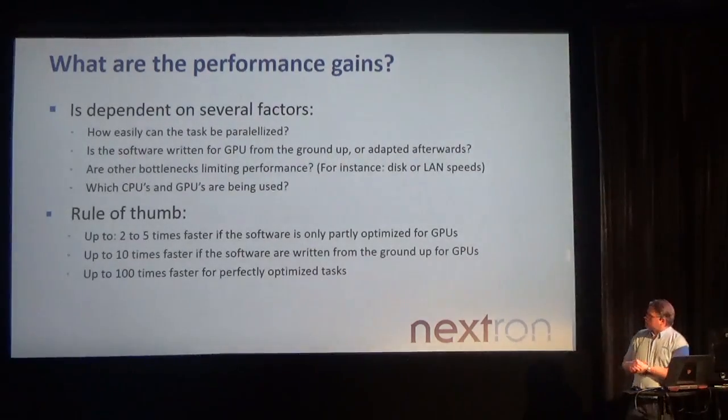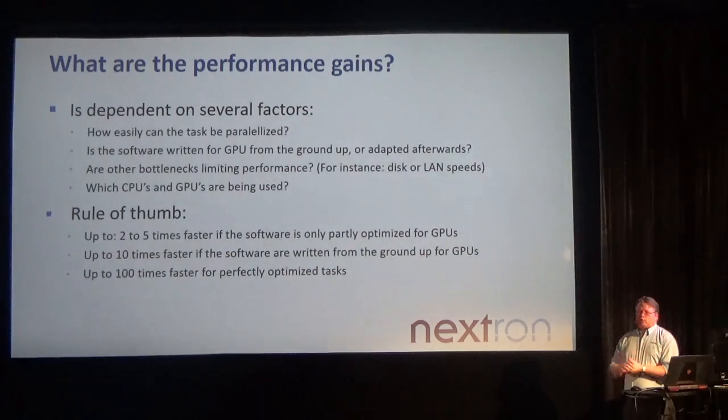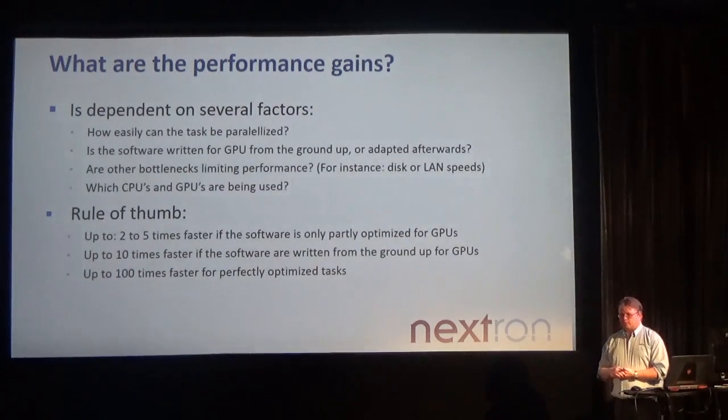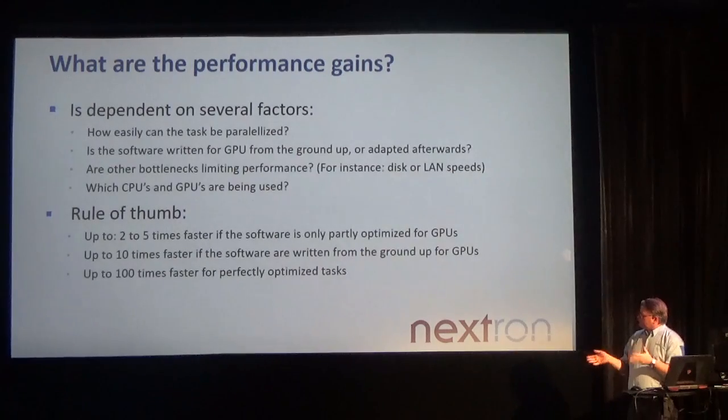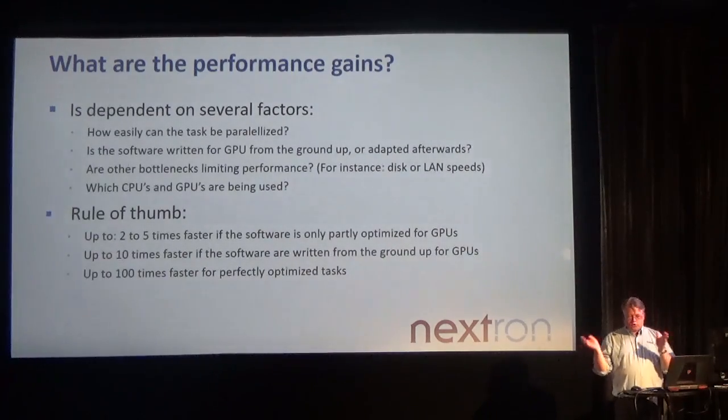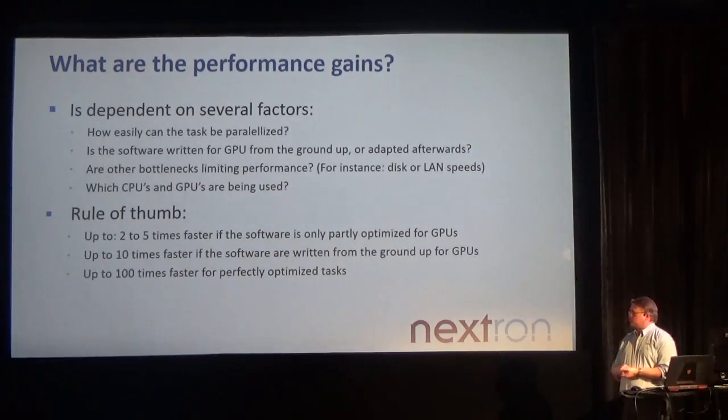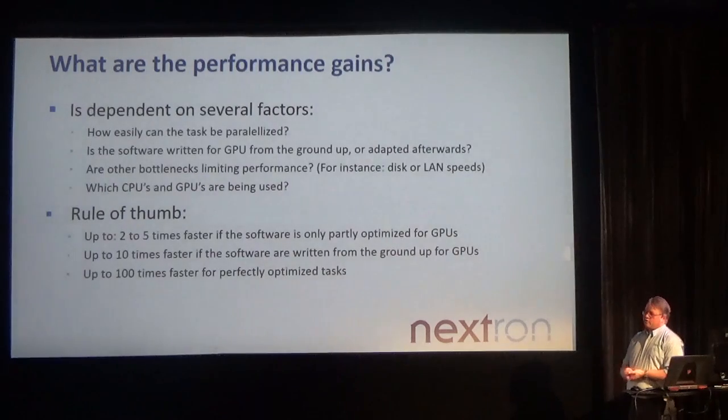But the rule of thumb is as follows. If you have software that's only partially optimized for GPUs, you will get 2 to 5 times quicker execution. If you have software that's written from the ground up for GPUs, it will be approximately 10 times faster. And if it's really perfect for parallelization, the tasks are just in the sweet spot for GPUs, then you can have as much as 100 times performance gain, which is, of course, very significant.